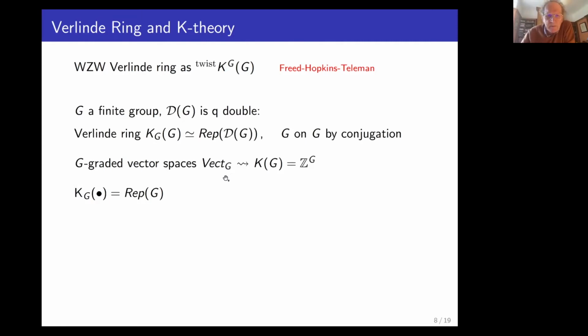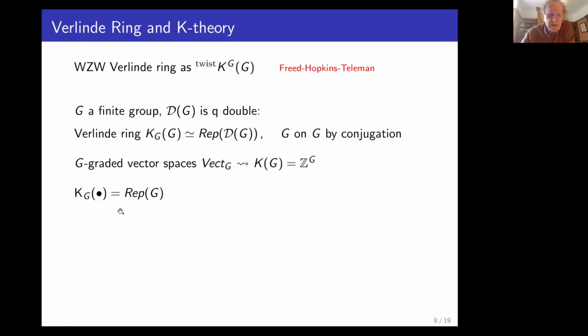And because of group cohomology, I can do that in a non-trivial way. And that brings in 3-cocycles, and it brings in the notion of twisted K-theory already there. So that's when I focus on this part here, the G as a space.